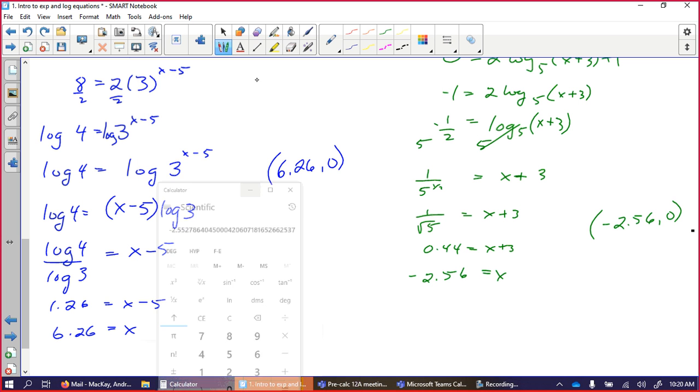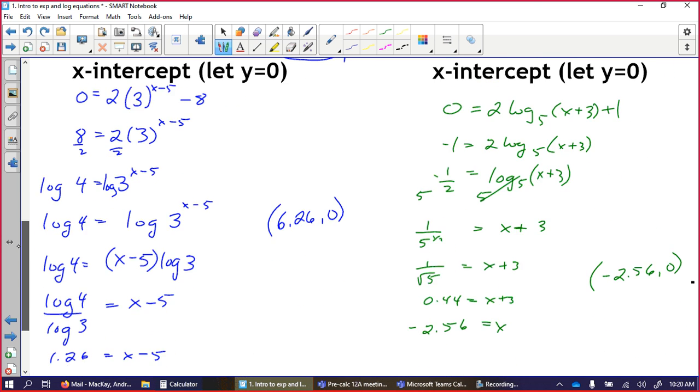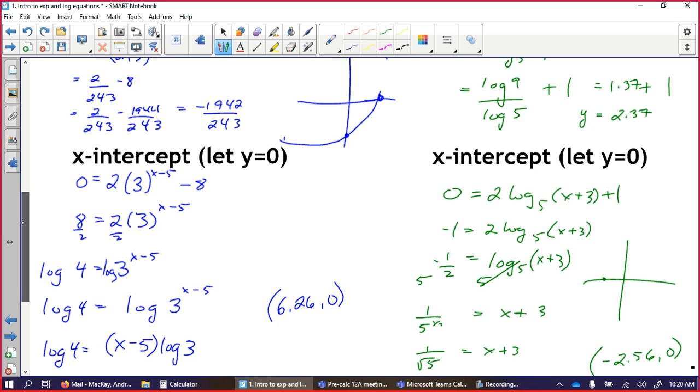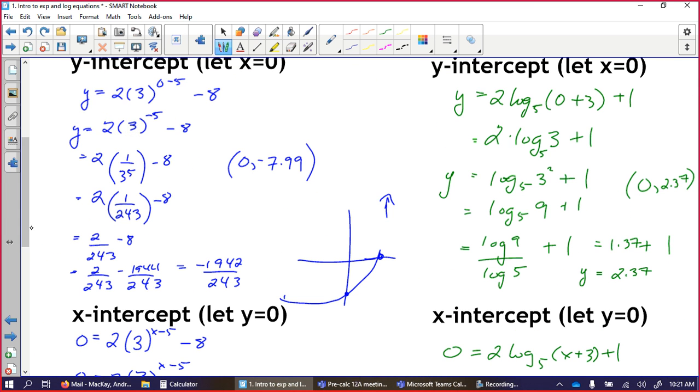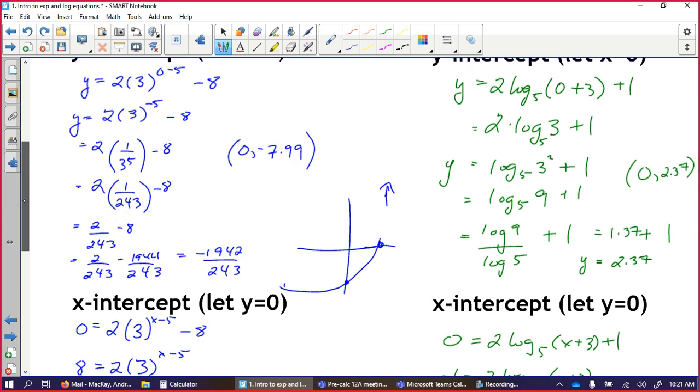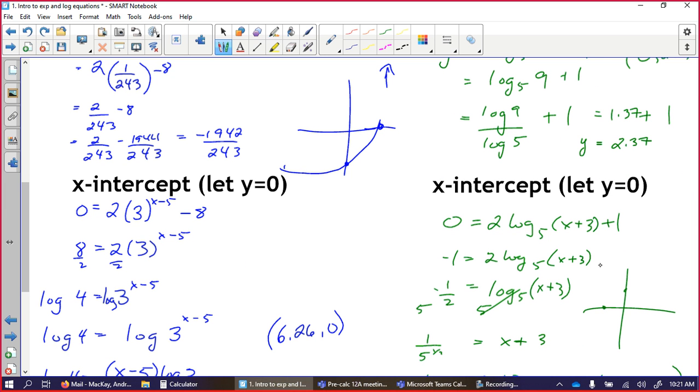So we have those 2 points for the logarithmic function: negative 2.56 and 0, and 0 and 2.37. And this is a vertical asymptote at negative 3, and our graph would look something like that.